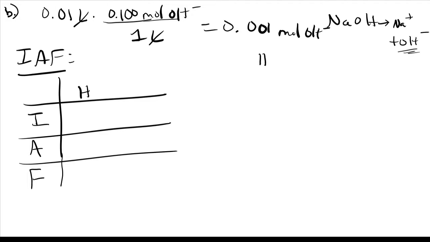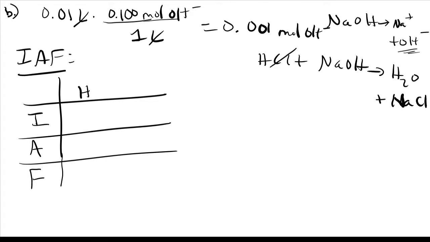The reaction is HCl plus sodium hydroxide gives you H2O and NaCl, correct? What is the net reaction? The Cl and the sodium are spectator ions. They don't participate in the reaction. The only things that participate are hydrogen ion and OH minus. So we're just going to focus on those.